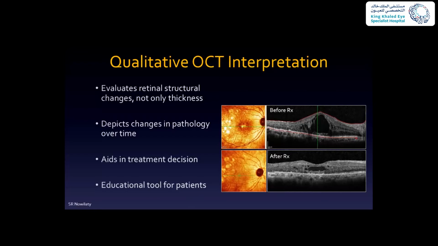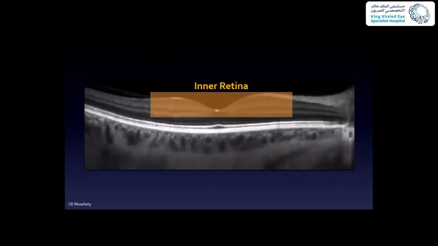So it evaluates the structural changes, not just the thickness, and it depicts the changes of the retinal pathology over time, whether things are getting better or worse. It aids in treatment decisions. And of course, when you show a patient the images, the patient is much more able to understand what's going on, so it's very educational for the patients.